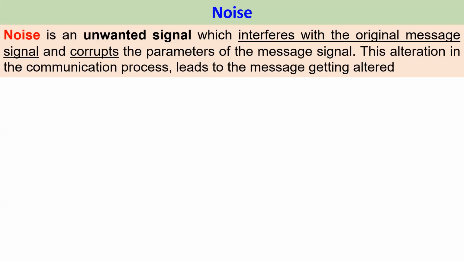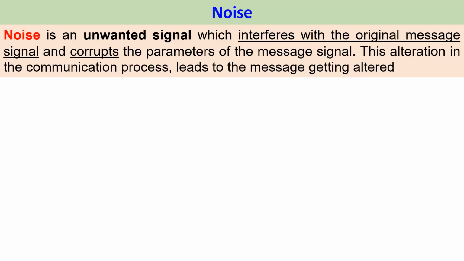where the signals travelling through this medium are interrupted by other signals. That is called noise. If this interruption is high, we call it high noise. If the interruption is low, it is called low noise.